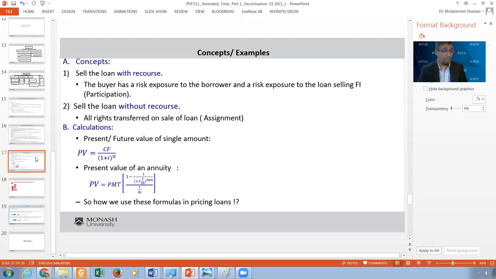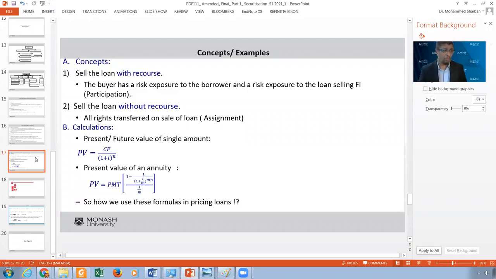How much is a very simple cash flow issue and time value of money problem, which means you are selling the future cash flow of the interest and the principal.